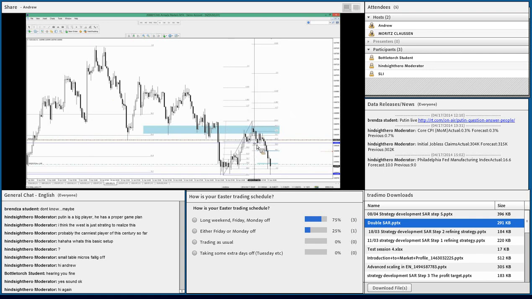Price dropped down to just past the 50, and then it's rallied up to the 618, and it's pulled back down, and it's hit the 886 area. So that's the completion point, and we've rallied up a little bit. You see, it hasn't quite got to the 38%, which was the break-even point. It's taken another leg lower, spiking into this area here.